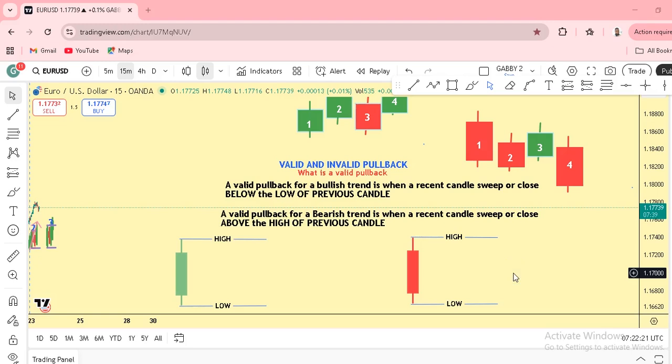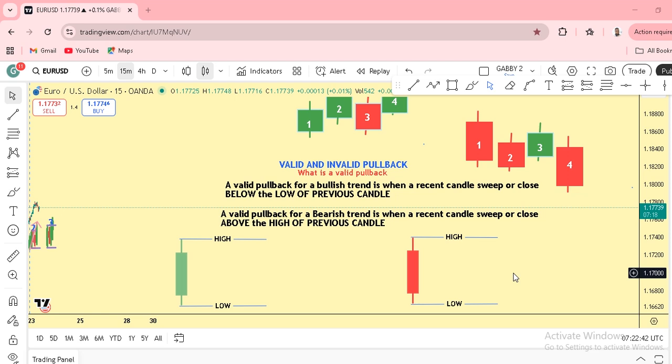In today's class we'll be looking at valid and invalid pullback, how to identify a valid pullback and an invalid pullback, how to spot them when they appear on the chart, and what the things to look out for are when you are trying to identify them.